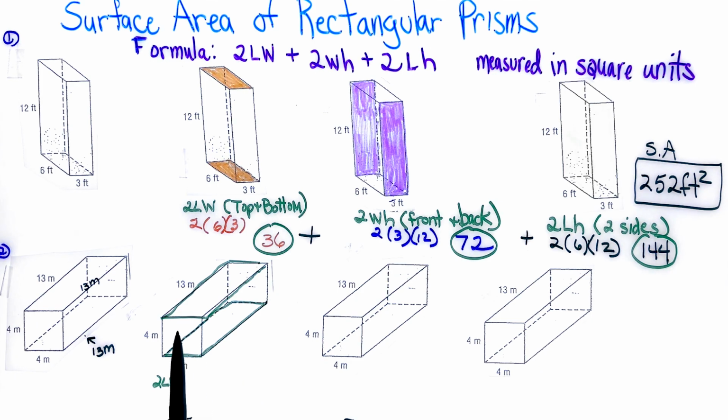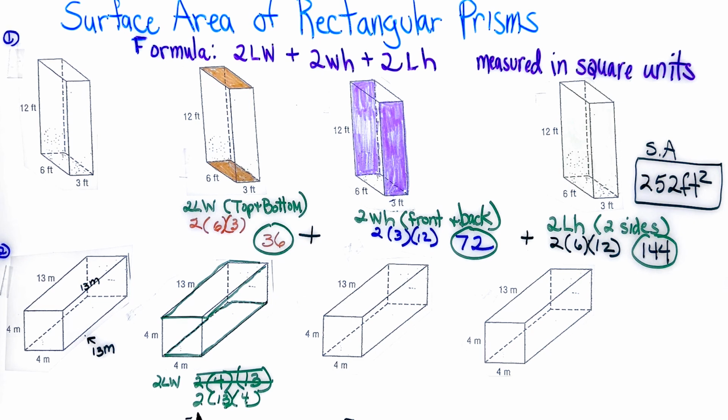And notice, with having the top and the bottom, we know that our dimensions are 2, we have a 4 here, and we have a 13. And really, it should be written in the opposite order for the length and the width, so let me correct that. So it's 2 times 13 times 4. It wouldn't have mattered anyway.